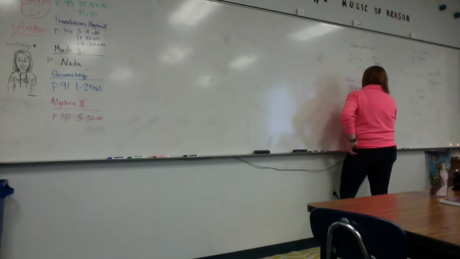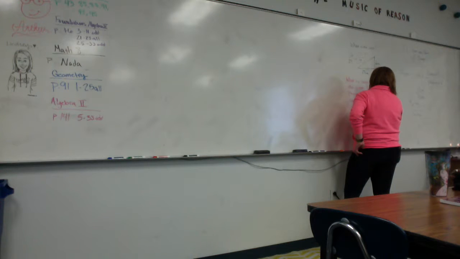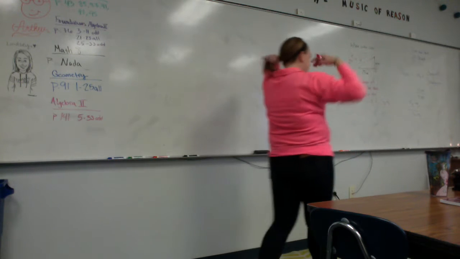So what if they give us points of -2, 7, and 3, -9? How do I figure out the slope of that?